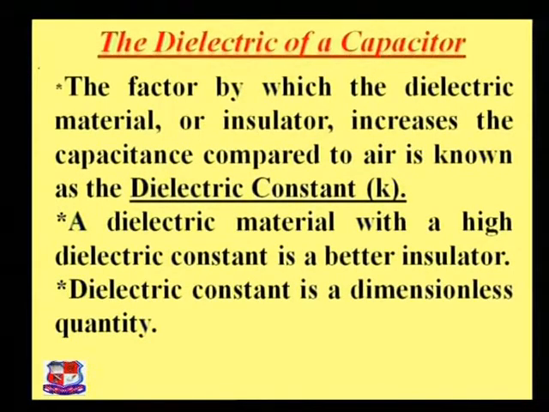A dielectric material with a higher dielectric constant K is a better insulator, so it is a better dielectric material for making the capacitor. The dielectric constant, that is K, is a dimensionless quantity.